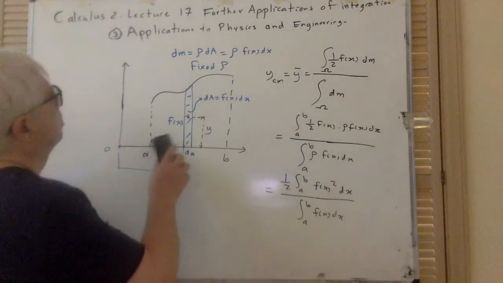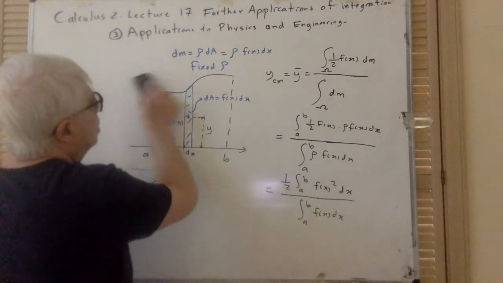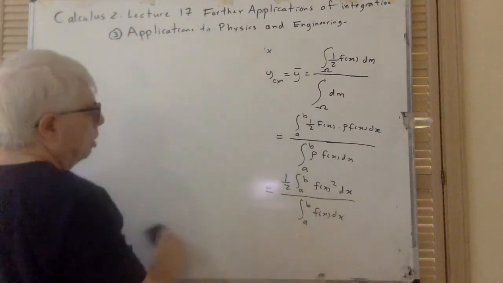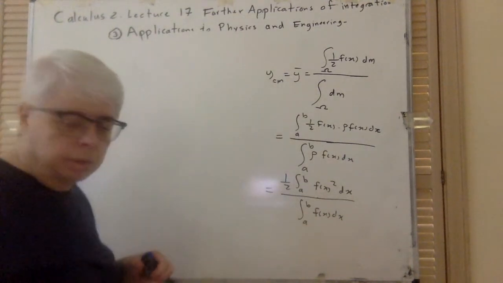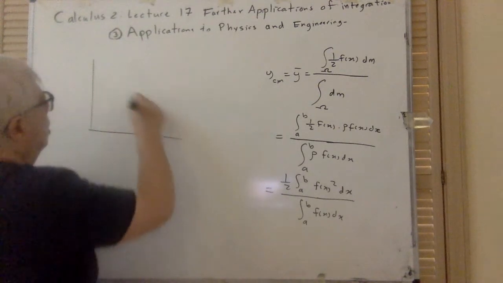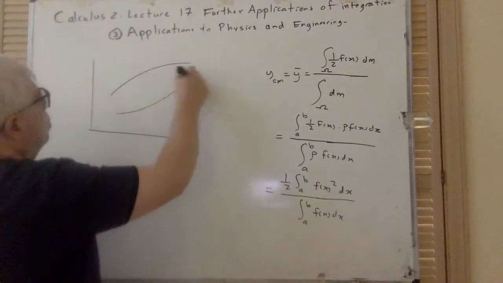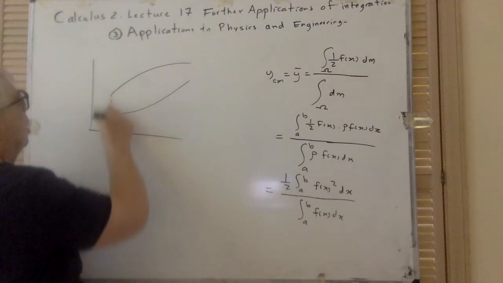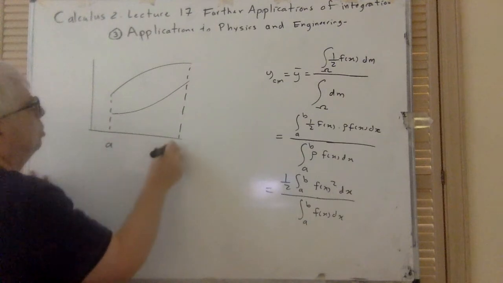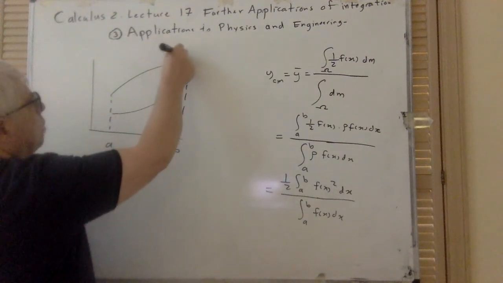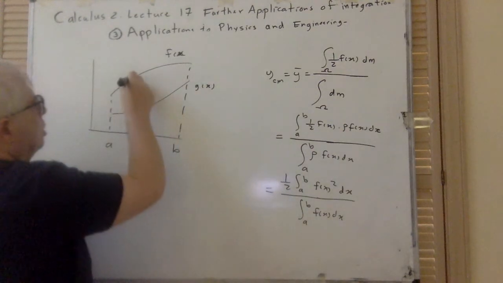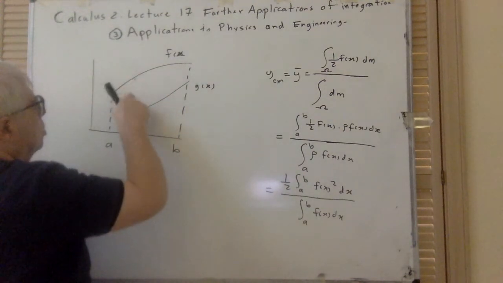So let me erase this. That doesn't hold, so let me draw this. So I have this one, and the region between these two from a to b. Let's say this is the graph of f(x), and the other one is the graph of g(x).